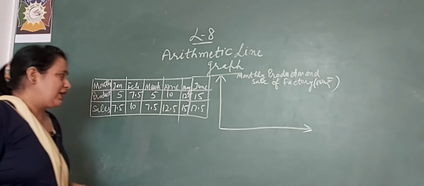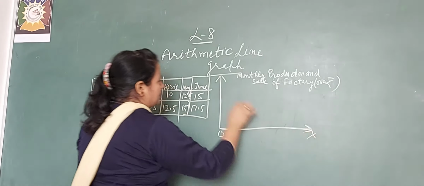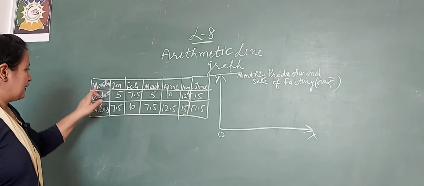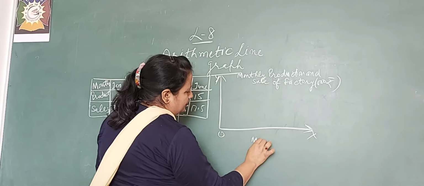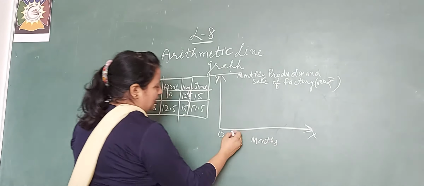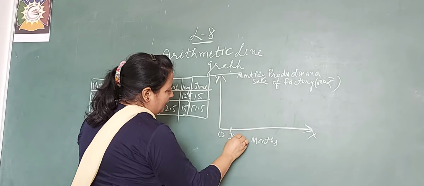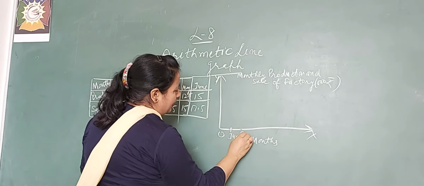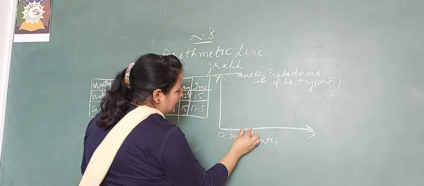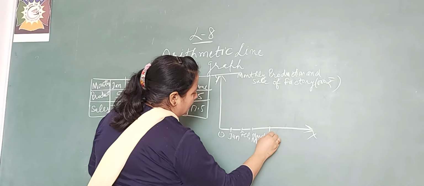So let us start. I am taking months on the x-axis and this is the y-axis. I will take January, February, March, April.